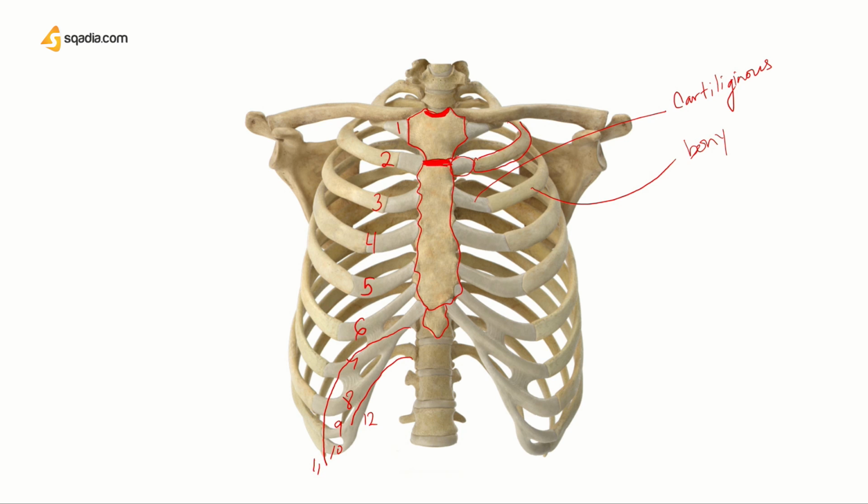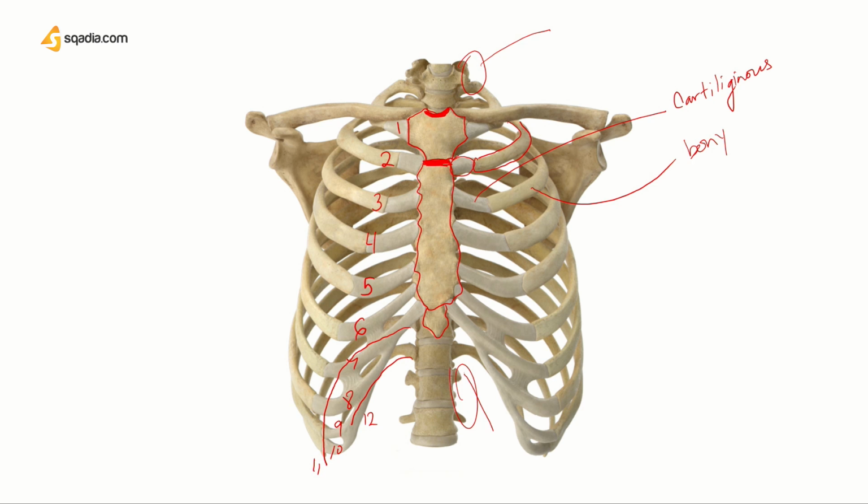Sometimes we may have supernumerary ribs up here or down here. These are called cervical ribs, and these are called lumbar ribs. Besides this, we have 12 thoracic vertebrae with demifacets and transverse processes on both sides.